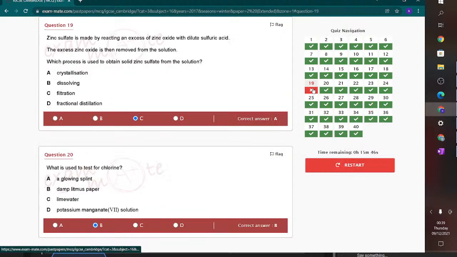Oh, we have got a mistake there. 19th one. Zinc sulfate is made by reacting excess zinc oxide with sulfuric acid. The excess zinc oxide is then removed from the solution. Which process is used to obtain solid zinc sulfate?